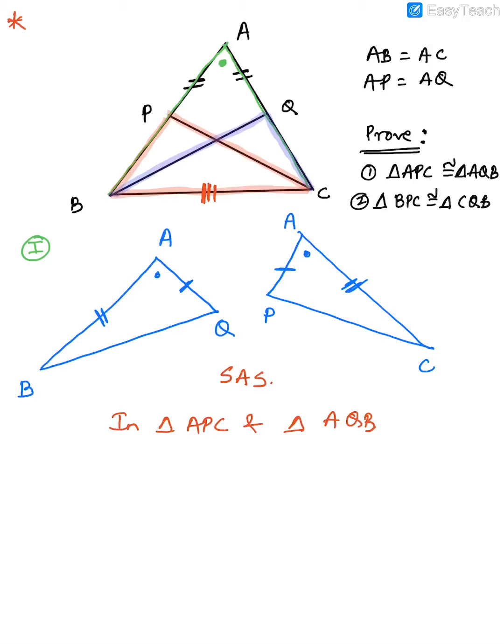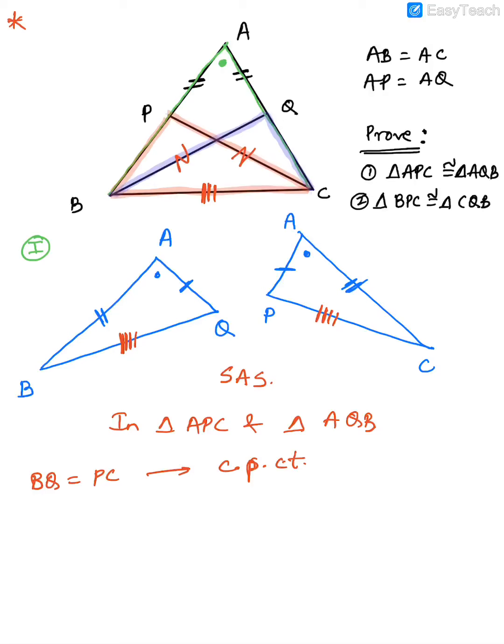See, when I prove these two triangles congruent in the first part, I can also say that BQ is equal to PC. When I say BQ is equal to PC, what will be the statement? Corresponding sides of congruent triangles, CPCT. And if you notice in the triangle, BQ and PC are the part of this new triangle which we want to prove congruent.